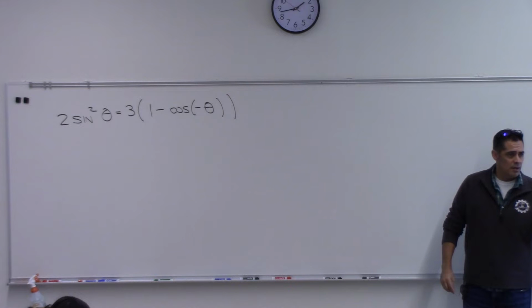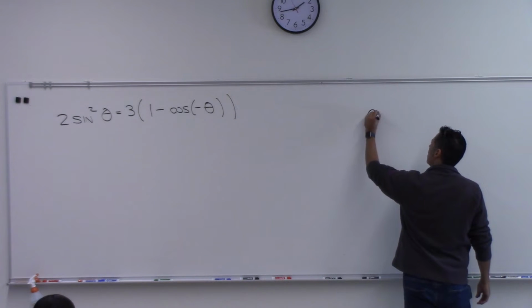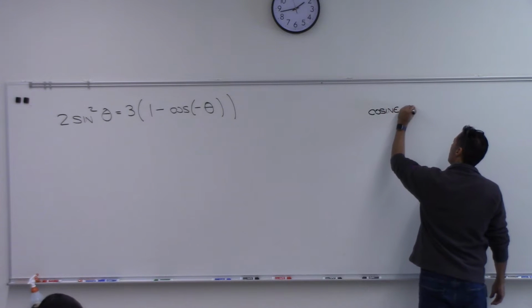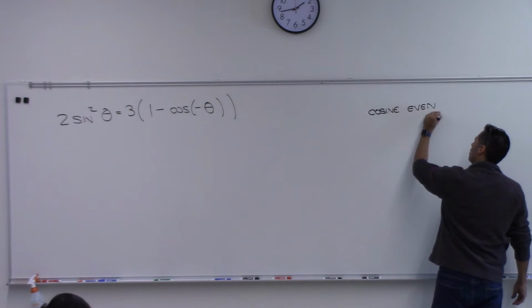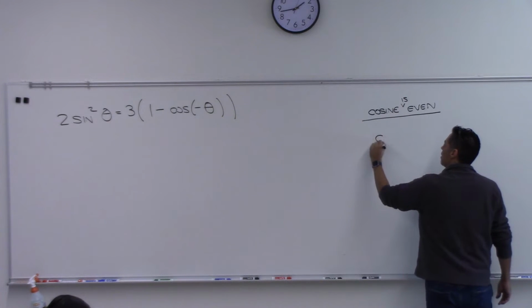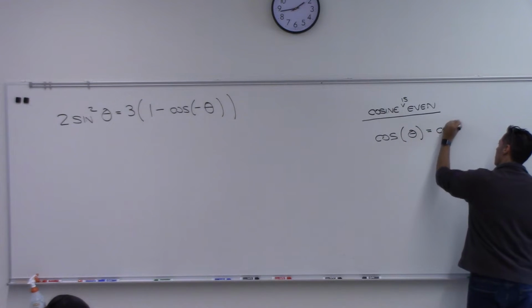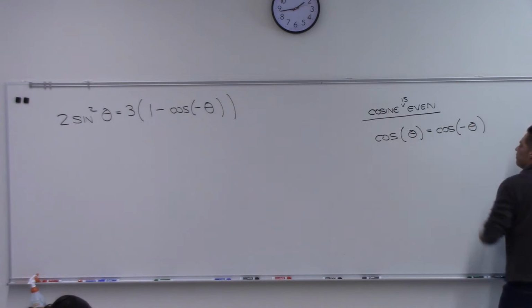Well, I can. There's a thing we talked about in the past, that cosine is an even function, which means that cosine of theta is equal to cosine of negative theta.